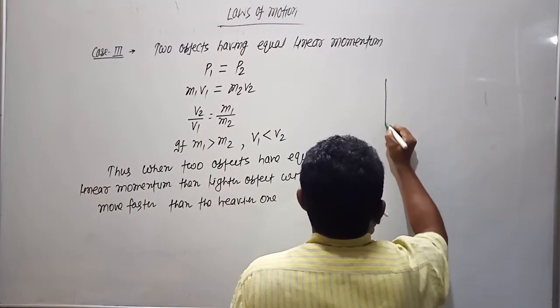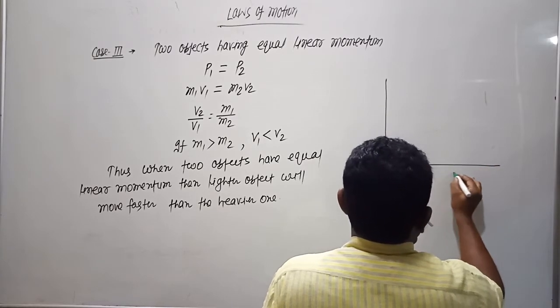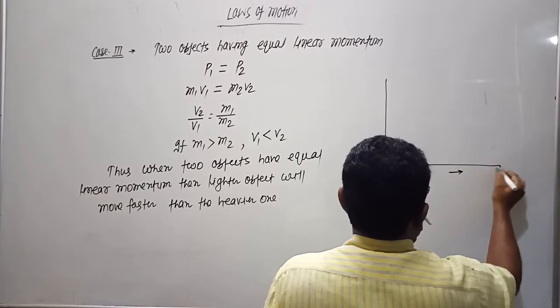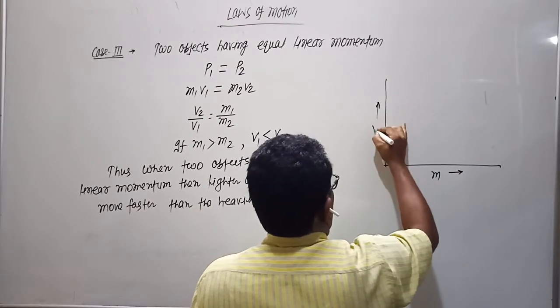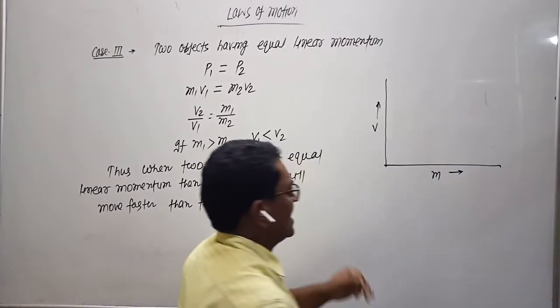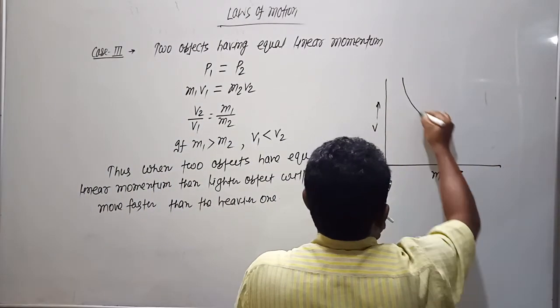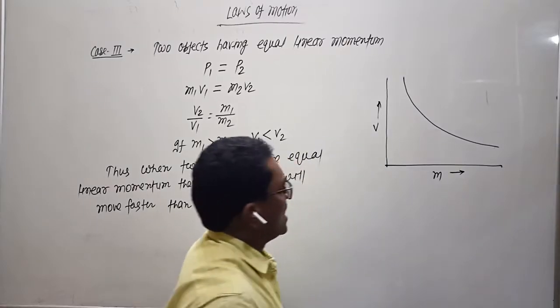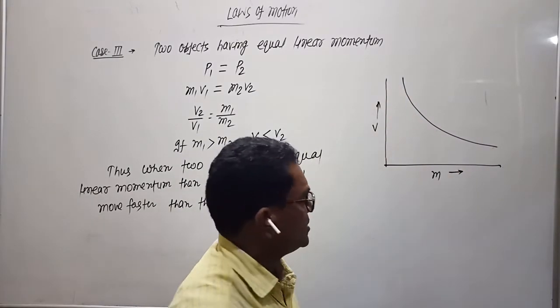Its graph is between mass and velocity. This is mass and this is velocity, and the graph will be like this. As the mass increases, the velocity goes on decreasing.